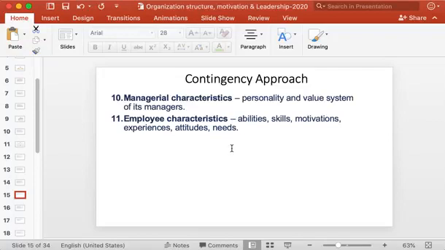Organizational design may need to be changed depending upon managerial characteristics.